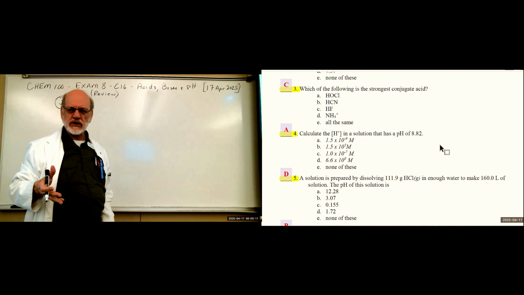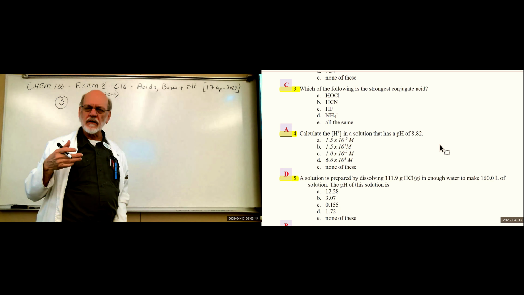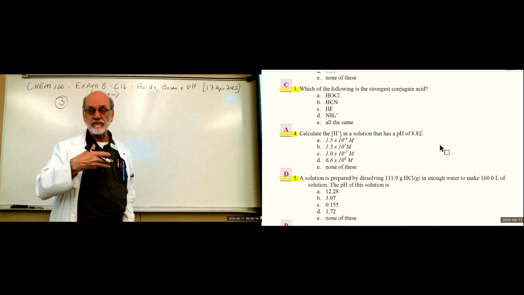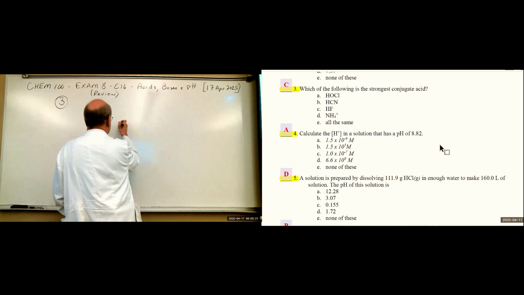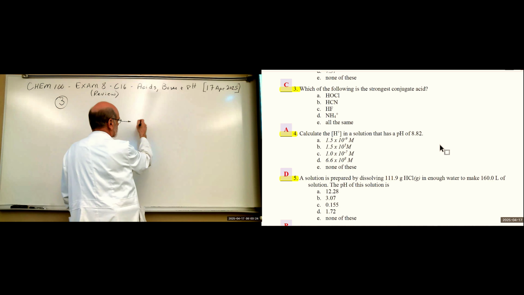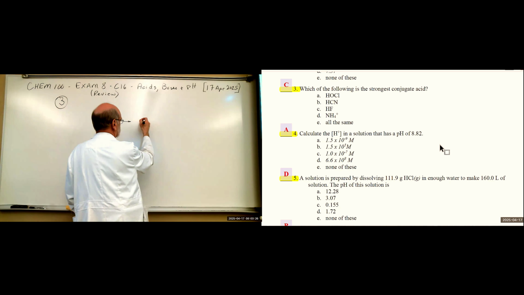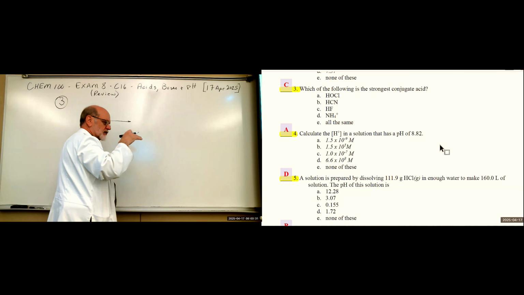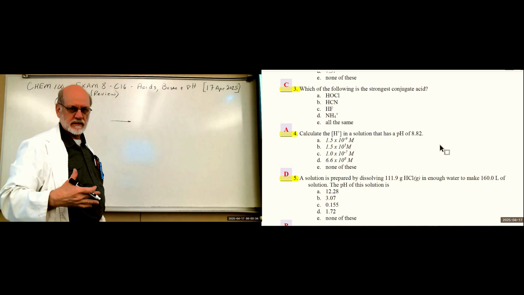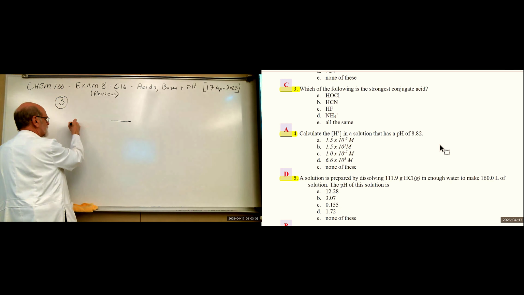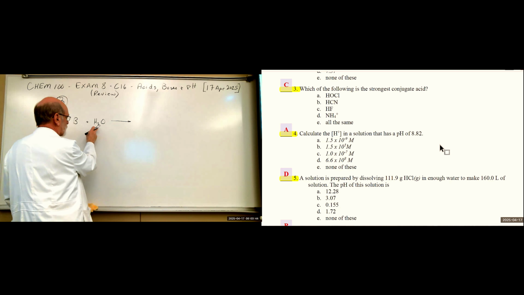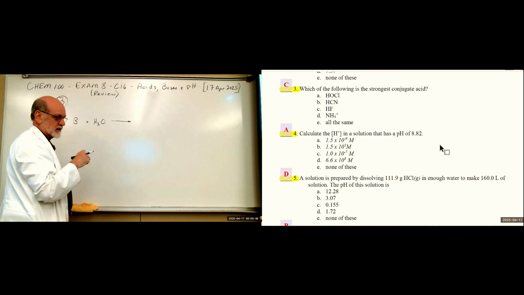If you're thinking of a conjugate, think in terms of products. So a conjugate acid would be the product of a base. So if we have products on this side, we're going to have a conjugate acid derived from a base. Okay, so that means that the base is over here and it reacts with water. And a proton is transferred to the base.